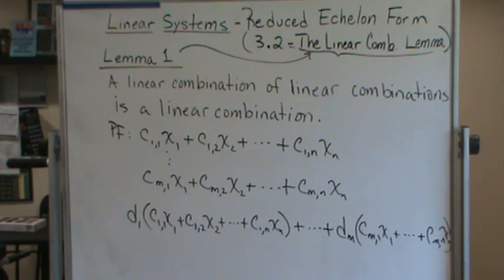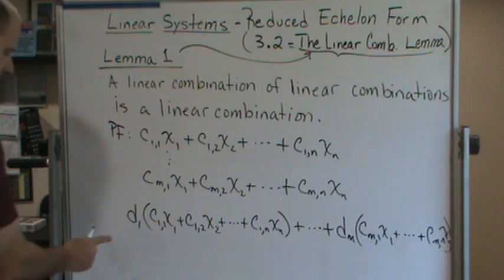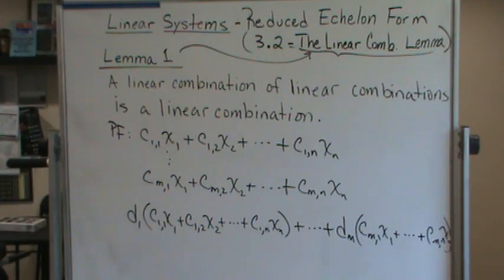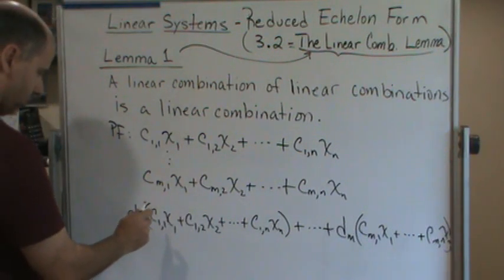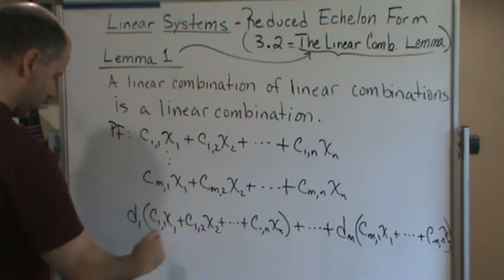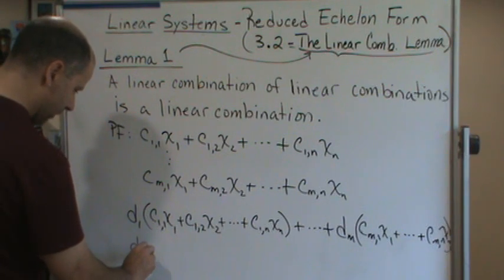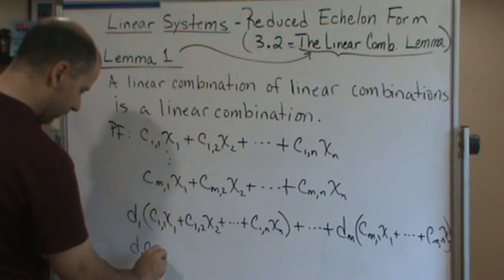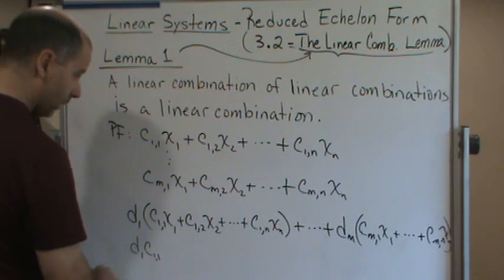So now we're going to use the property of commutativity and move things around and regroup, and we can do that since D and C are scalars. What we get is, so x1 and x1, we'll get d1 c11.